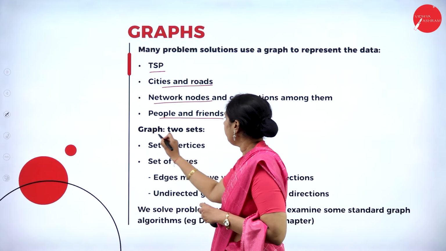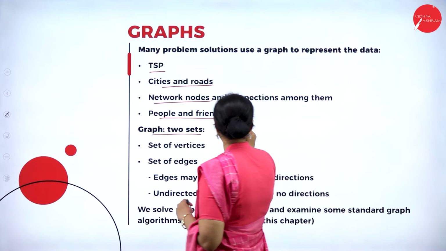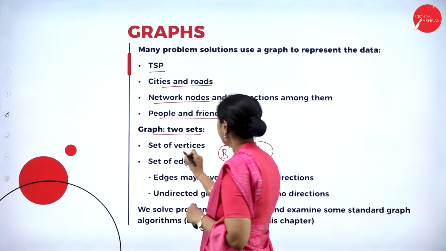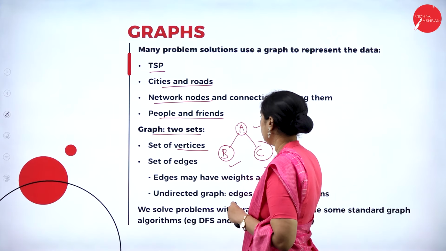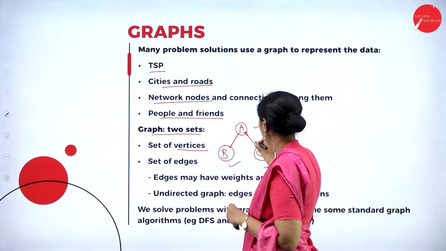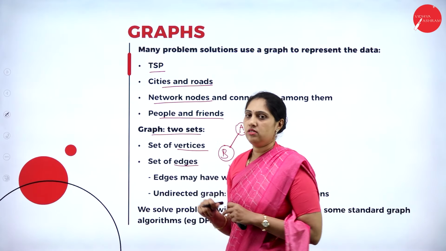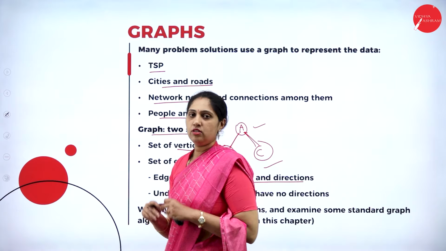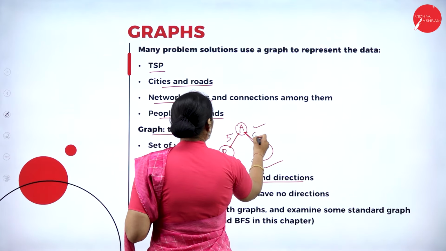Then, if I take a graph, any graph, say this is A, this is B, and this is C. It will have a set of vertices. What is a vertex? A, B, C. What are the edges? The lines joining these. You can see, right? The lines joining are the edges. It is a set of edges. So, edges may have weights and direction. I'll indicate weights with a number, say 5. This can be 6.